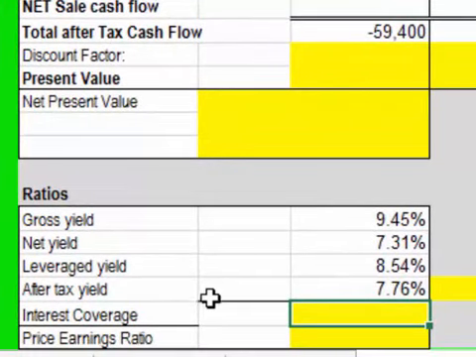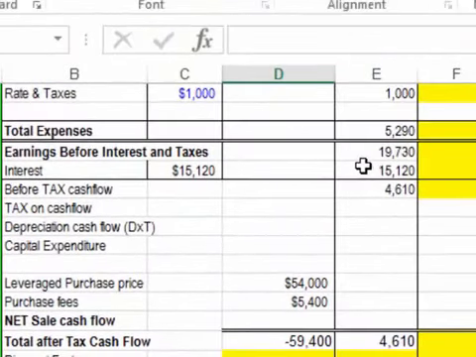When we get down to interest coverage, it is more of a financial ratio than a property ratio, but I'm including it here for completeness. The idea of interest coverage is that it's how comfortable the bank is with earning their interest or receiving their interest out of the project, out of the investment, compared to the earnings which is available to pay things like interest and dividends.